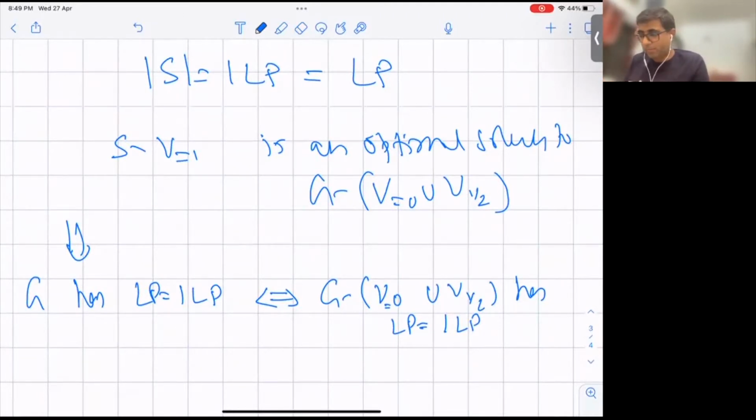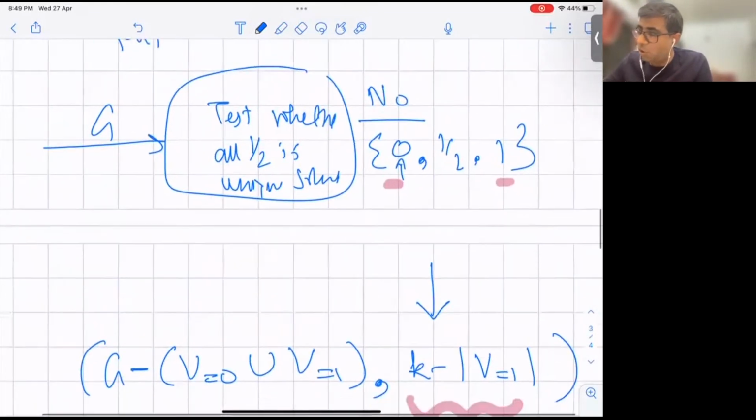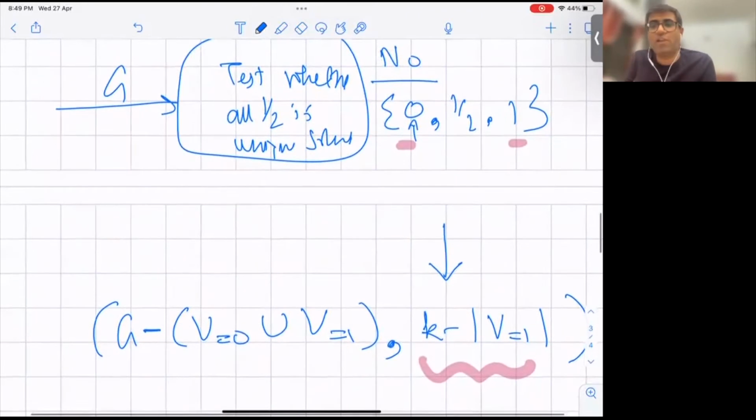Every time we maintain the fact that LP equals ILP. Eventually we will always fail, and when you fail, you are making progress because you are able to remove some vertices from your graph. So after polynomially many steps, if you are not able to get that all half is the unique solution, you get that LP equals ILP and you are done.